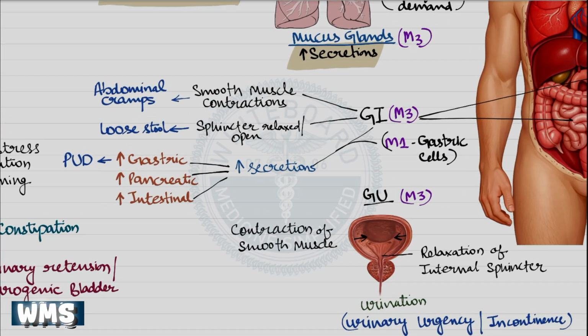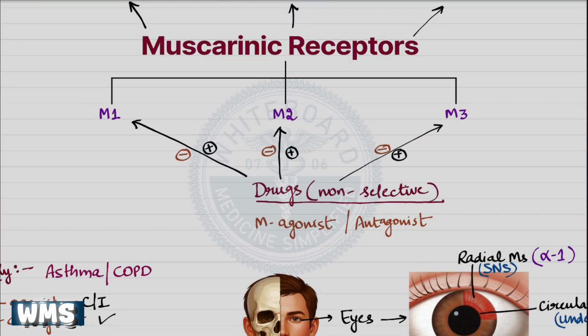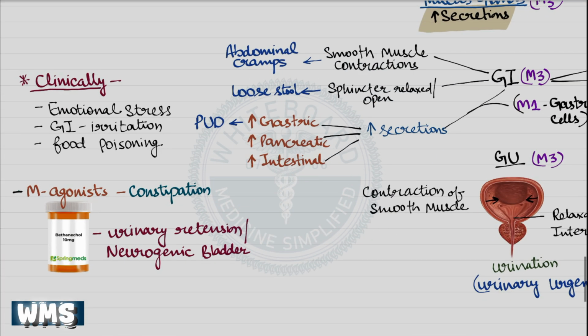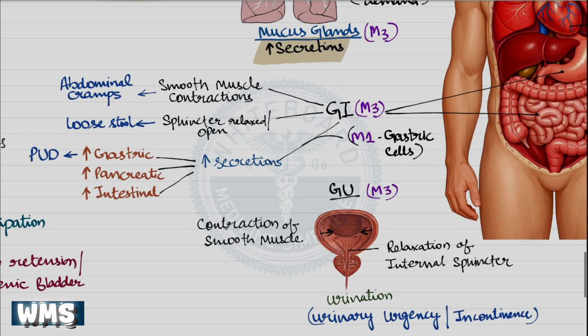The reason is something we discussed earlier in this lecture, that is, muscarinic receptors are non-selective in their distribution. A drug like bethanechol does not stimulate only the M3 receptor in the intestine. Rather, it stimulates muscarinic receptors throughout the body.